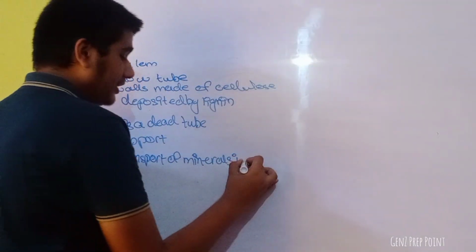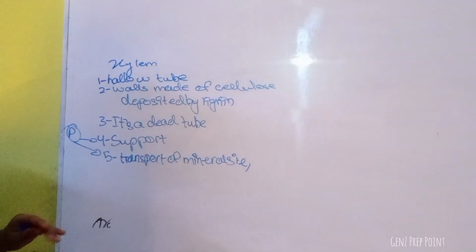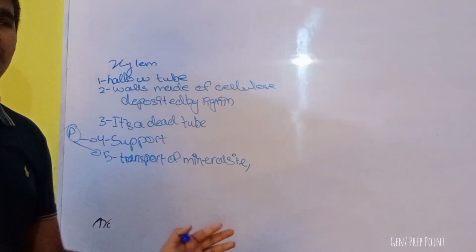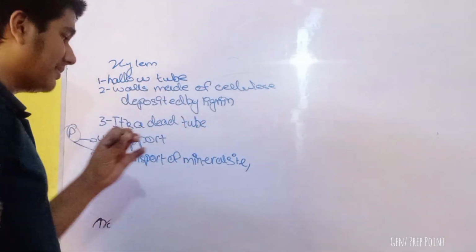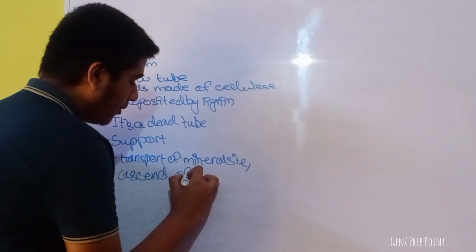Now I will be telling you a new word for all of you. You should know this word, because if you write transport of minerals, that's completely wrong, guys. That's a vague name. The examiner wants us to know new names like ascent of sap. What's sap?